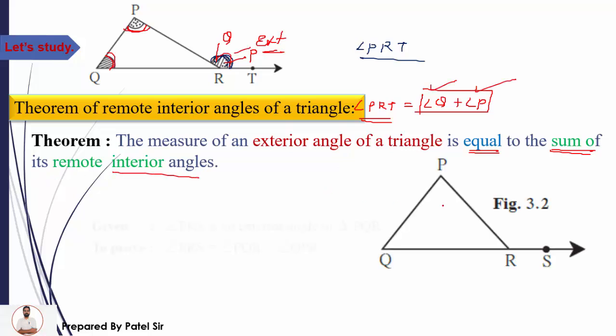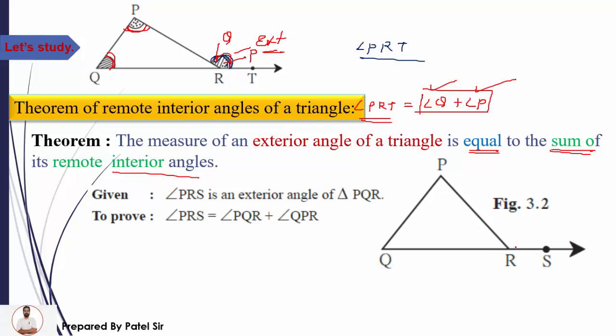So in this diagram you can observe PQRS. They have taken over here angle PRS, exterior angle of triangle PQR. Therefore PRS is equal to angle P plus angle Q. That means exterior angle is equal to the sum of, here it is written, sum of remote interior angles.